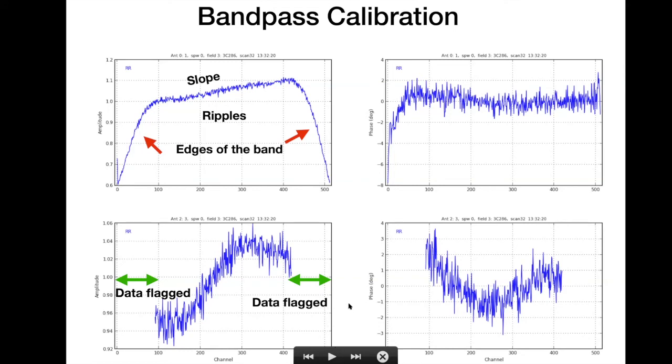But Prasun, the upper panels are for antenna 0 and 1, and the lower panels are for 2, 3. I mean, is there any reason why you chose different antennas? I actually cannot see. Let me just try to. Okay, probably I have goofed up something there.